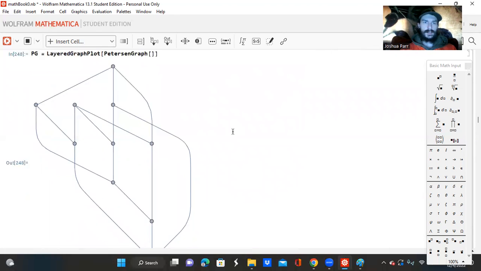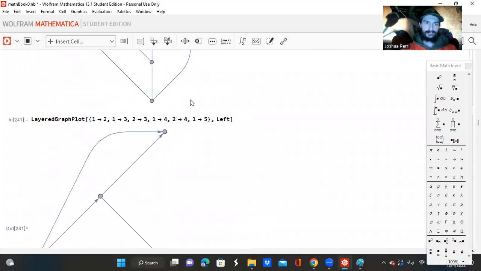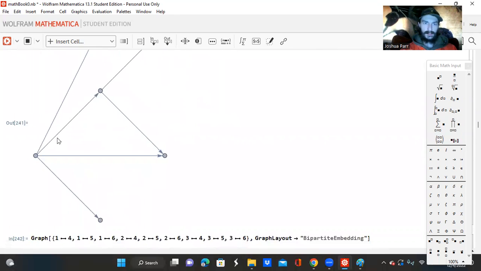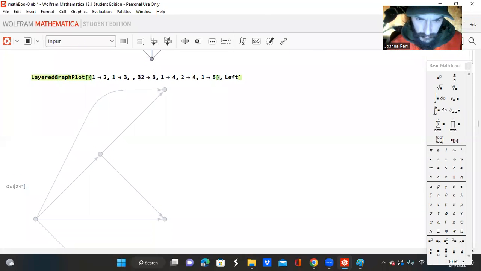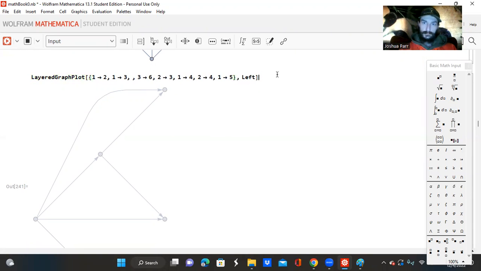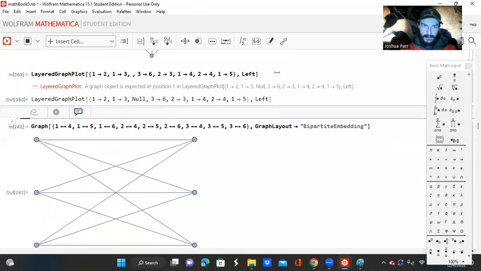So here we go, a Petersen graph, layered graph plot. Another layered graph plot where I specified the directionalities.